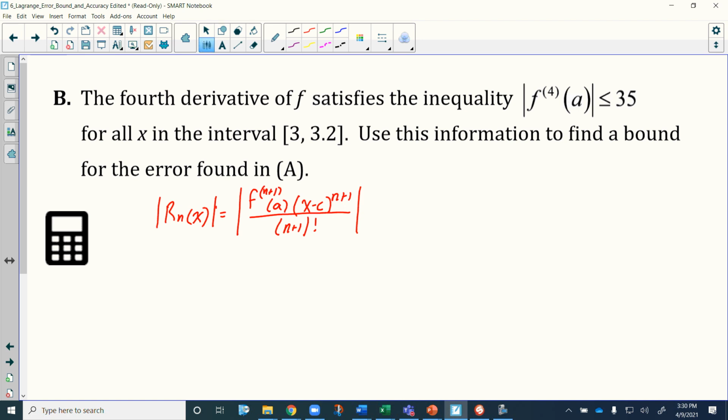That's what Taylor's theorem is going to give us. Now, based off of what we're looking at here, we know that we were working with a third degree polynomial, so I'm going to start here by replacing the n with 3.